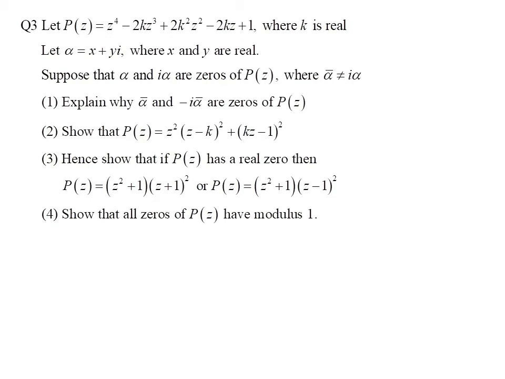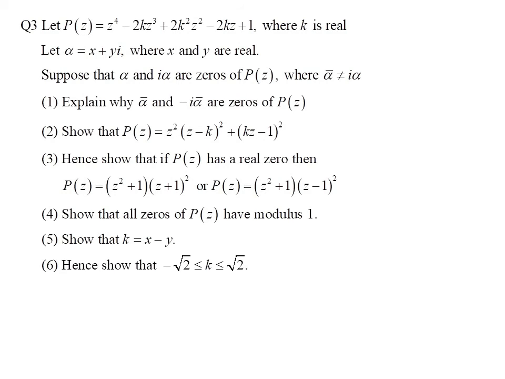The next question is to show that all the zeros of the quadratic polynomial p(z) have the modulus value of 1. The fifth question is to show that k is equal to x minus y.